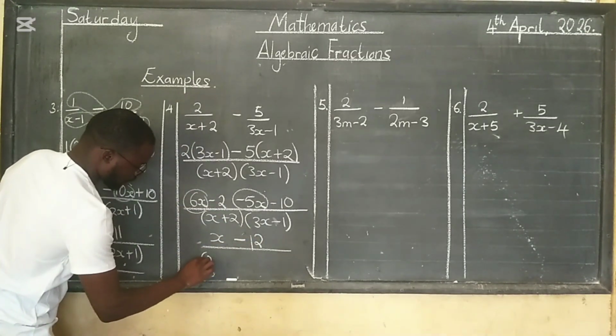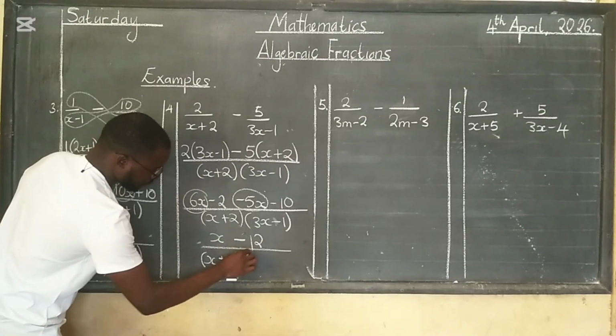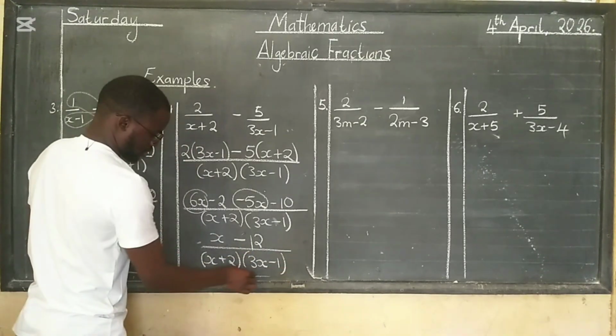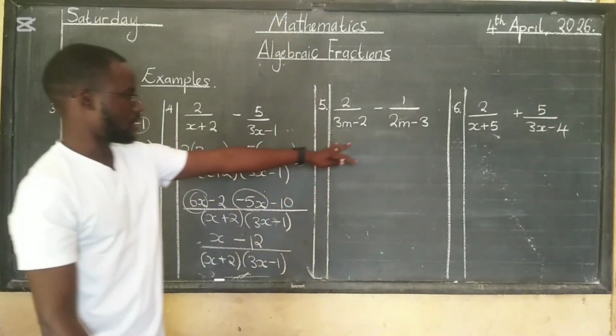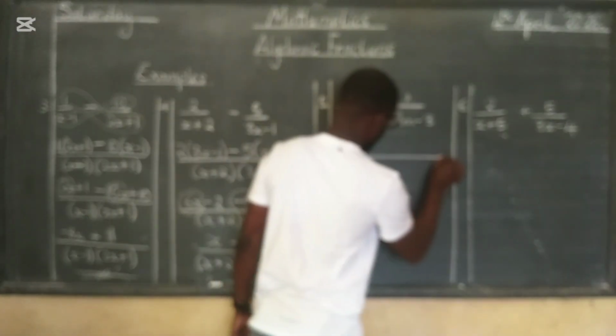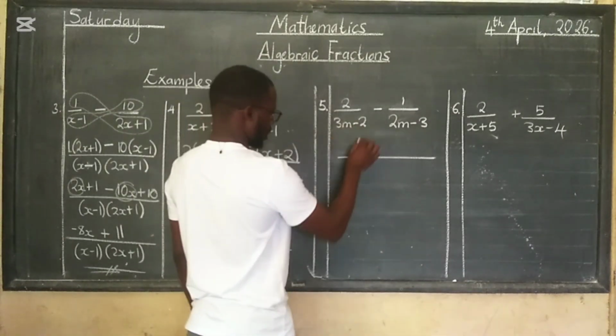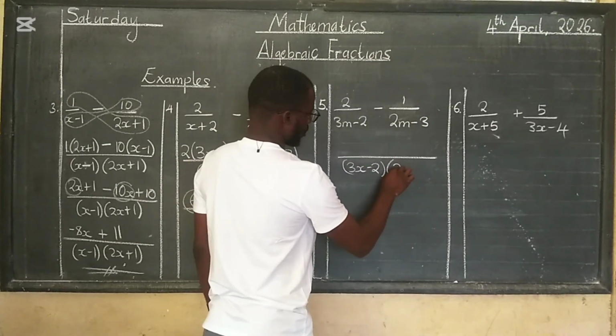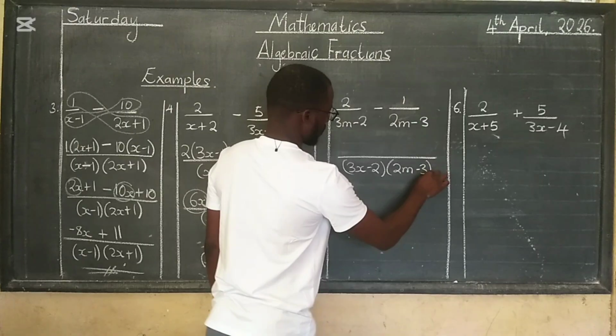And at the bottom, x plus 2, 3x minus 1, done. Then here, same procedure as usual. I get this 3x minus 2, 2m minus 3.